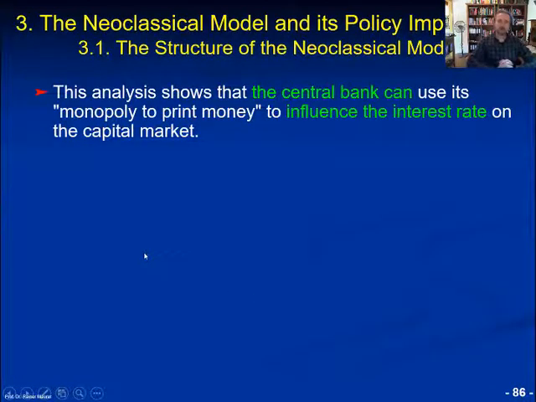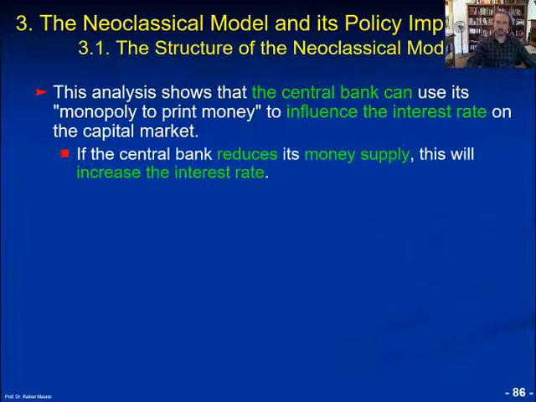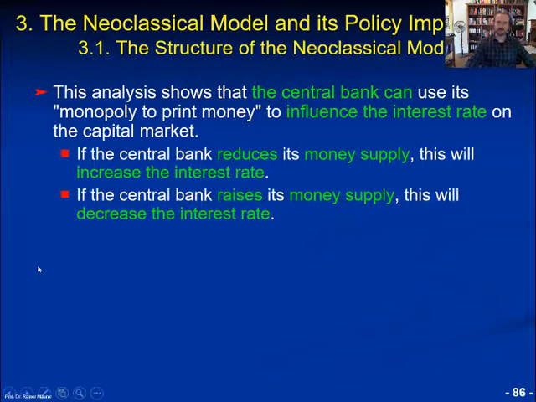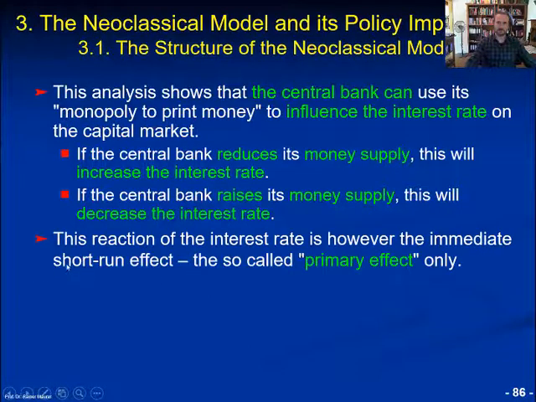The analysis shows that the central bank can use its monopoly to print money to influence the interest rate on the capital market. If the central bank reduces its money supply, this will increase the interest rate. If the central bank raises its money supply, this will decrease the interest rate.